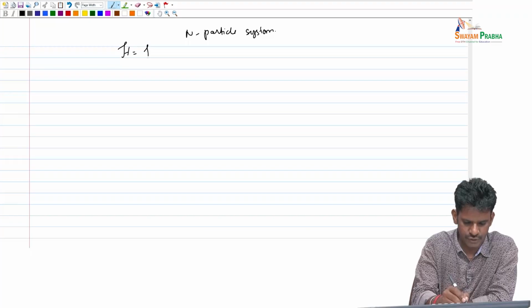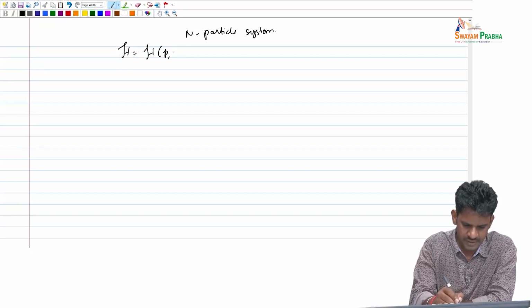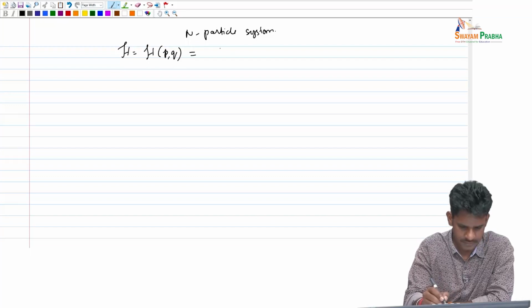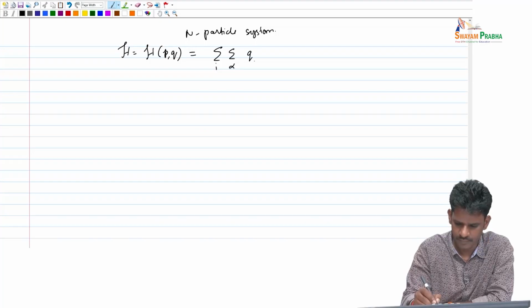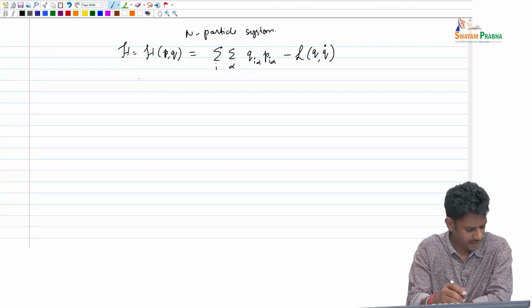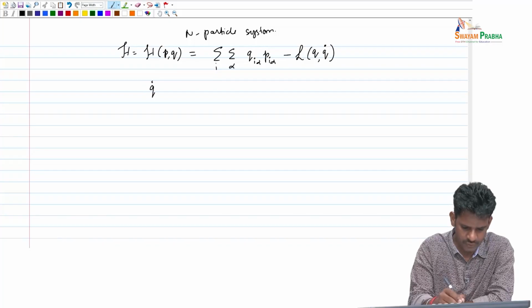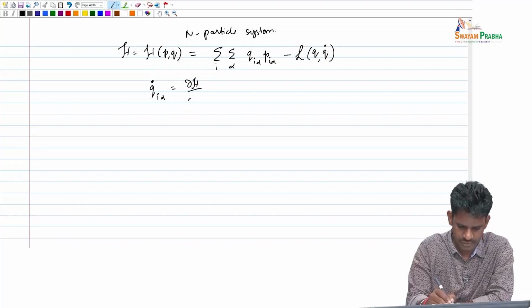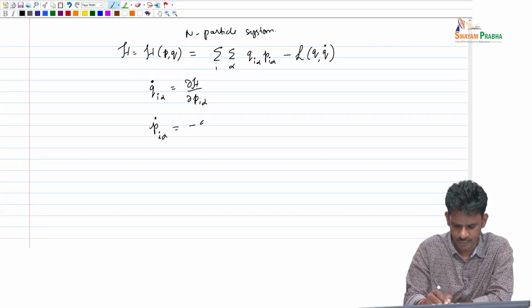We write H as a function of P and Q, and then if we apply the equation of motion, q_i alpha dot is given as the partial derivative of H with respect to p_i alpha, and p_i alpha dot is the negative of the partial derivative of H with respect to q_i alpha.